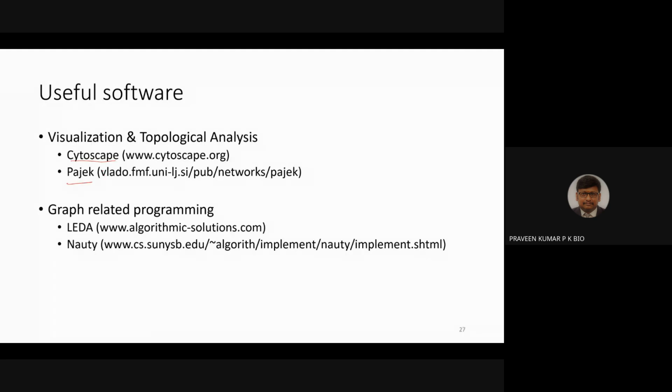This is also used for visualizing any types of networks: DNA, protein, anything. And for graph related programming, one can start from basics with LEDA, at algorithmsolutions.com. One can also go with Nauty. This is the URL for graph related programming. It starts from scratch, so if you want to develop from the core, one can go with it.